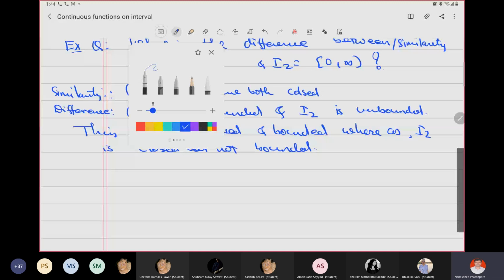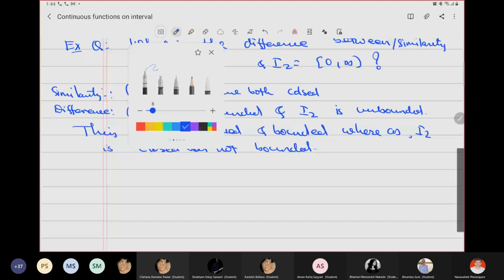So, the boundedness theorem. Difficult theorem 1, you can say.